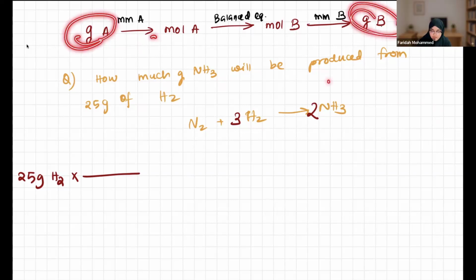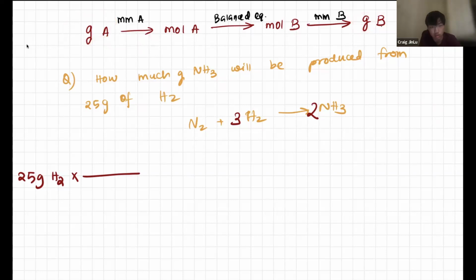Okay, but it's not a one-way road, right? There may be many more steps. What relation do you have to make? We have to find the relation of 1 mole of hydrogen. 1 mole of hydrogen is 2 grams of hydrogen.